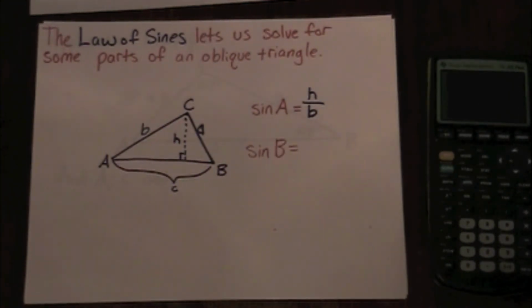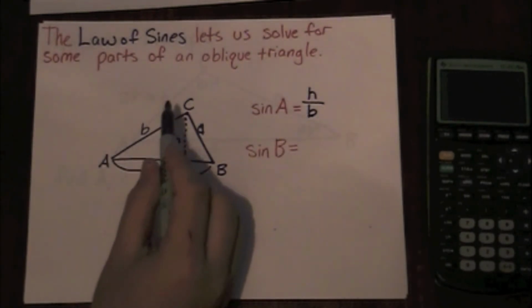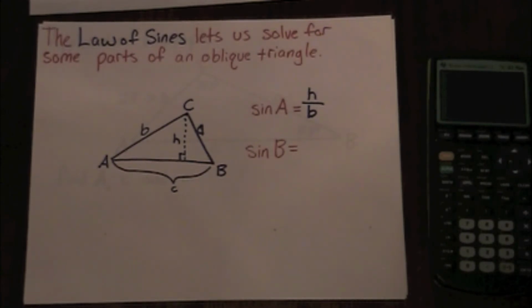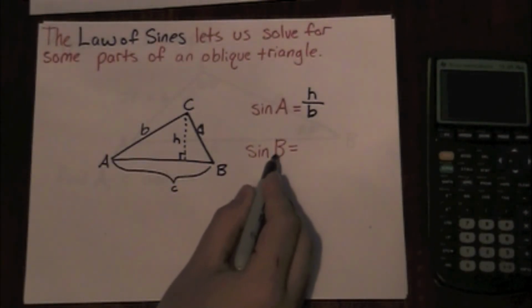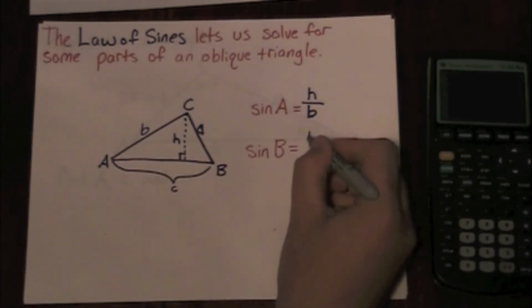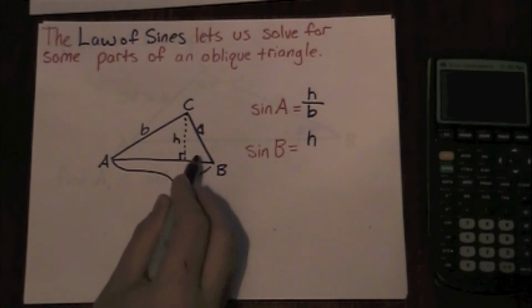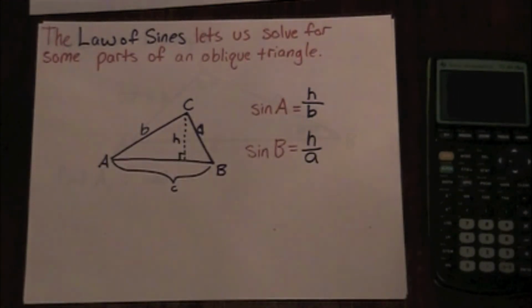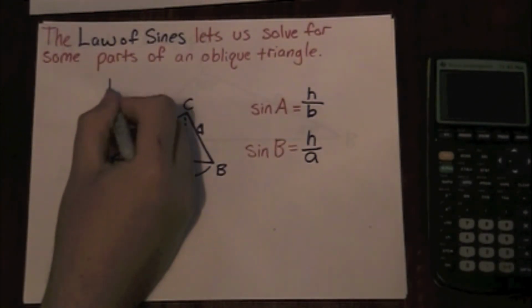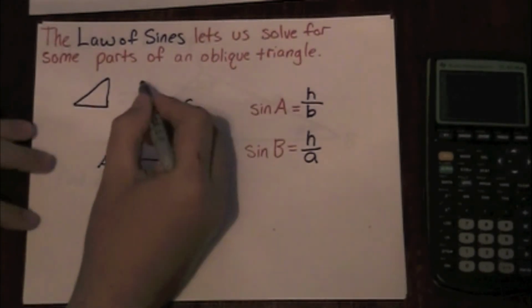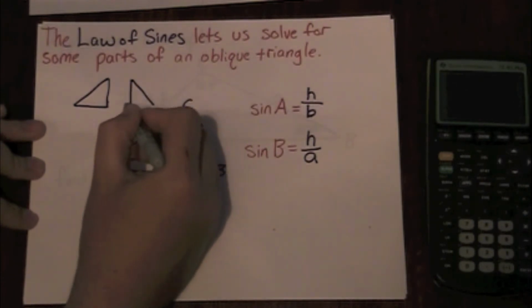Now I know it gets a little bit confusing using h for both hypotenuse, which we usually do, and for the height of this triangle, but bear with me for a moment. The sine of angle B is going to be the opposite, once again, the h, divided by the hypotenuse, in this case, a. Now if you have trouble seeing where those came from, feel free to break your triangle up into the left side and right side triangles.